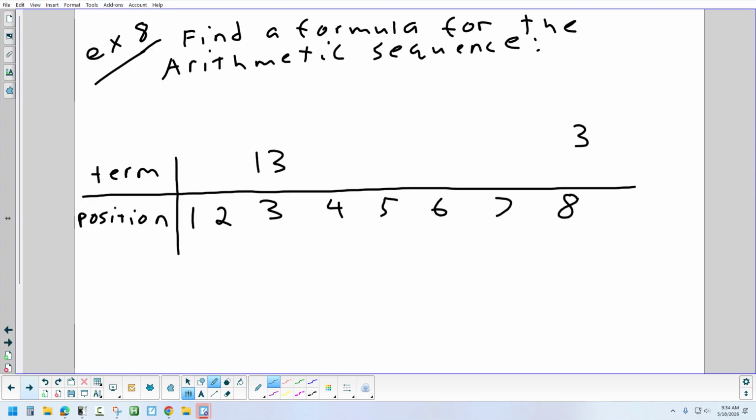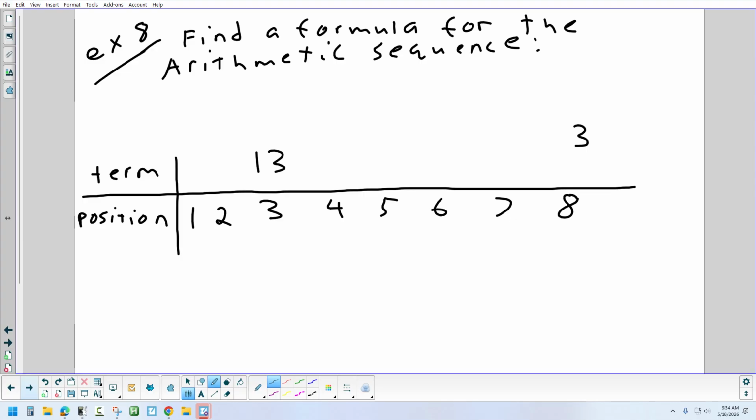Divide the difference by 8. So we do want to look at the difference. What's the difference here? 10. And what do we want to divide it by? Oh, sorry, not 8. It would be the difference in between the positions. You divide it by, in this case, 5. Right. Look at the difference between 13 and 3, and then look at how many jumps you make to get from 3 to 8.